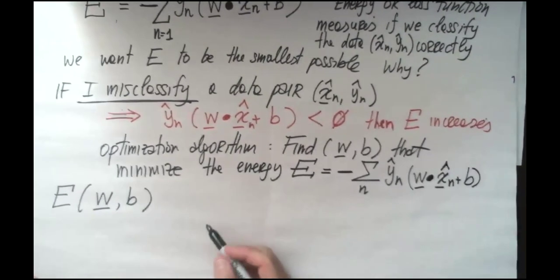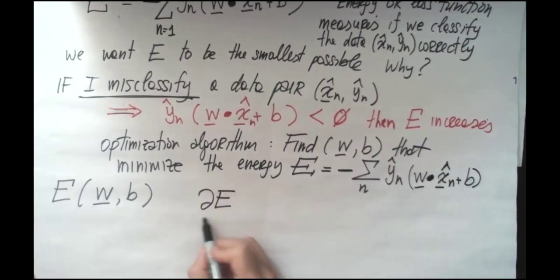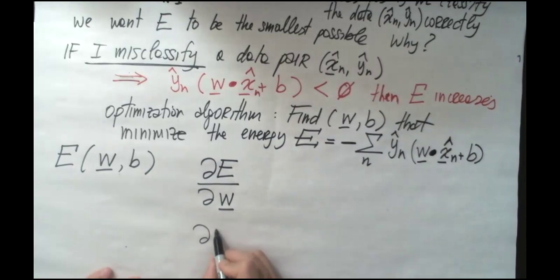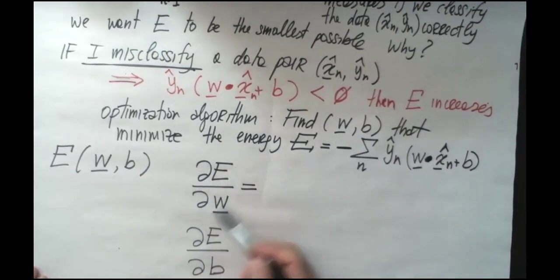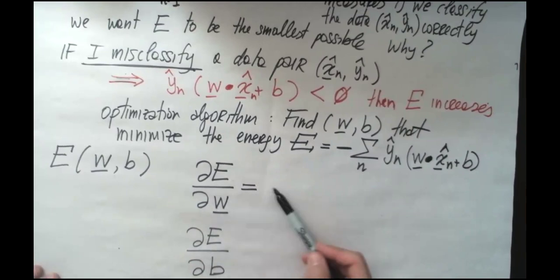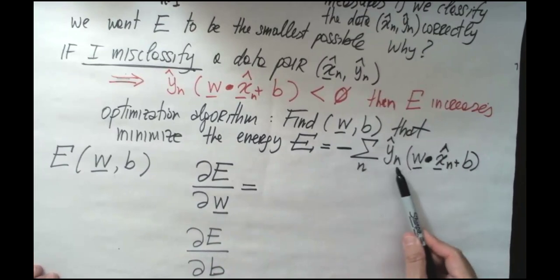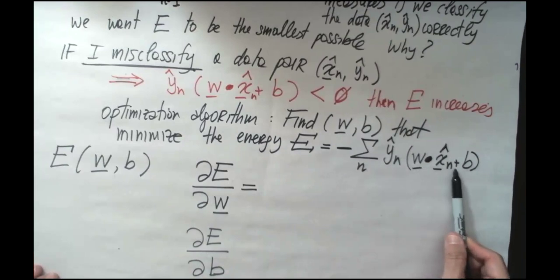And if we want to minimize it, we will have to take the derivative of the energy with respect to the vector W and the derivative of the energy with respect to b. It's easy to see that the derivative with respect to a vector is also going to be a vector. If you look at this expression, we have yn times w dotted with xn.